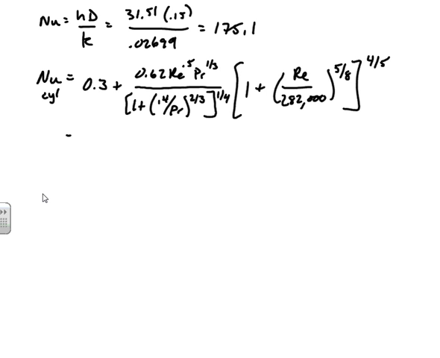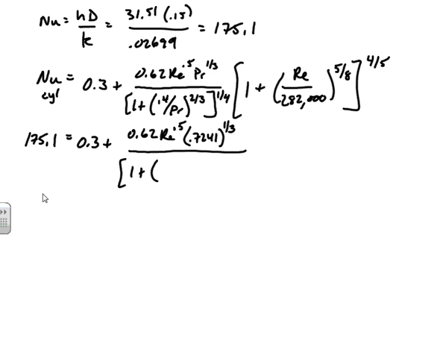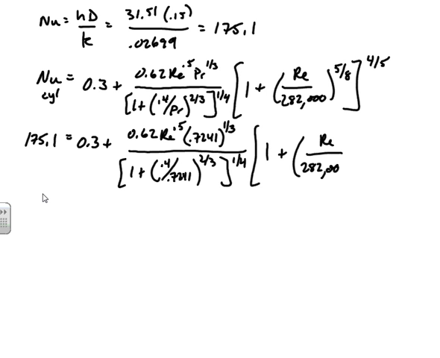Okay, so I can start to plug in some values here. My Nusselt number is 175.1, which equals 0.3 plus 0.62 times the Reynolds number to the 0.5. The Prandtl number I know, that's 0.7241, raised to the 1/3, divided by 1 plus 0.4 divided by the Prandtl number, 0.7241, raised to the 2/3, all raised to the 1/4, times 1 plus the Reynolds number divided by 282,000, raised to the 5/8, all raised to the 4/5.